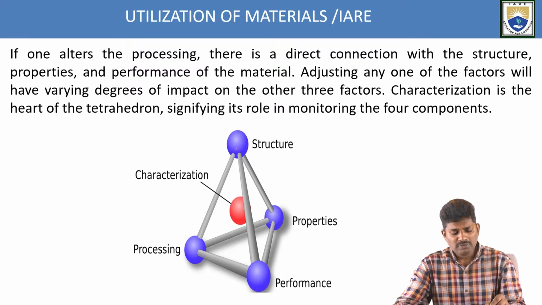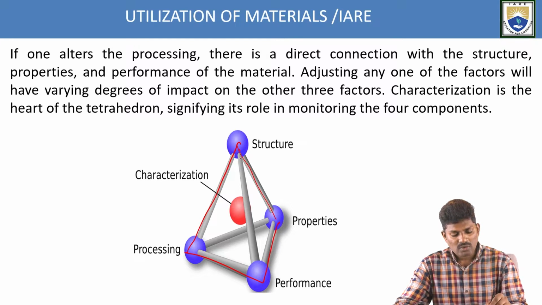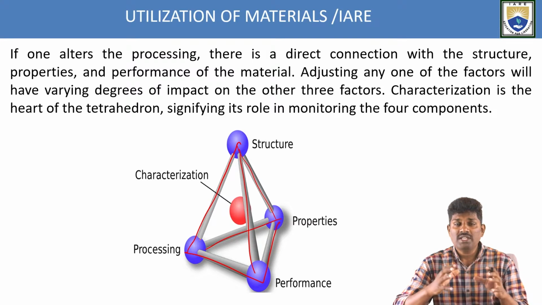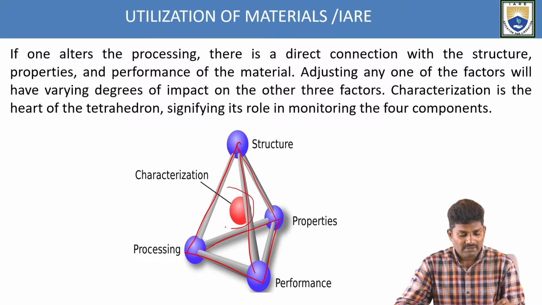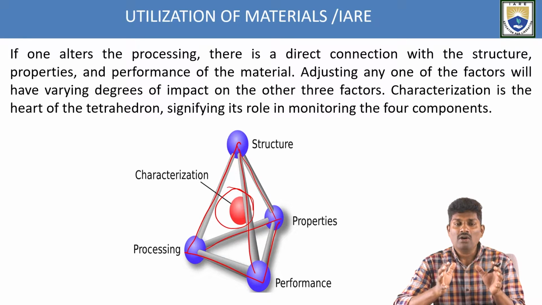The structure, properties, performance are all correlated to each other, and this correlation of these components is given by the characterization. Characterization of the material implies all these four components: the structure, properties, performance, and the processing.